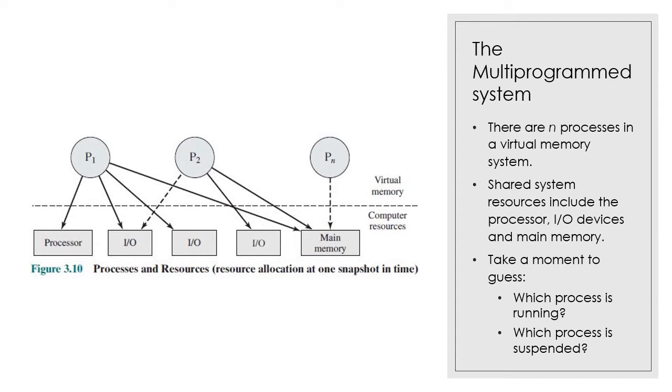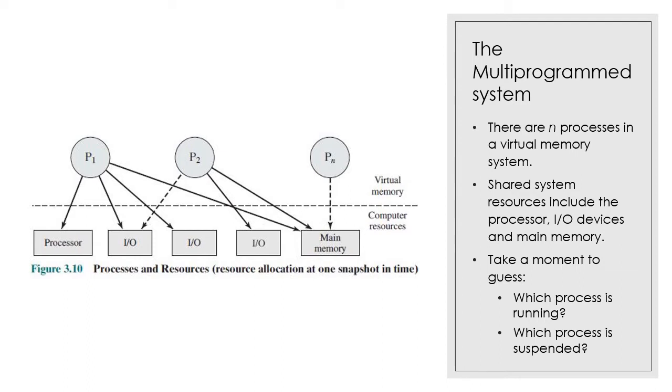So what this signifies is that Pn is only loaded in the hard disk area of virtual memory. Not even a single page of Pn is in the main memory. So this means that Pn is suspended.